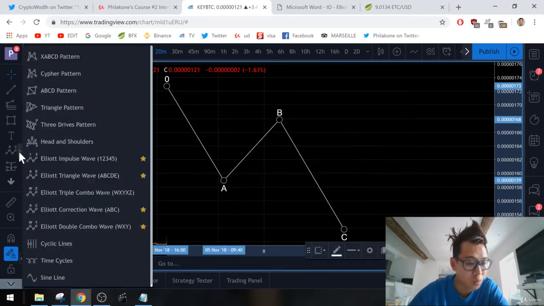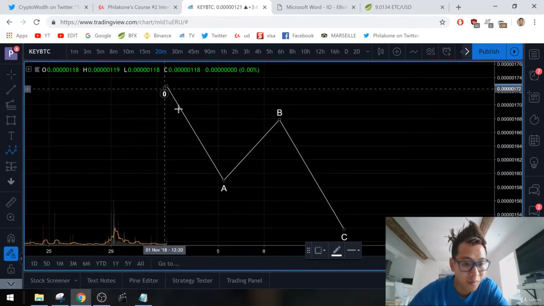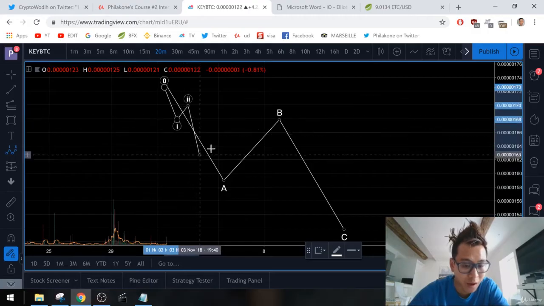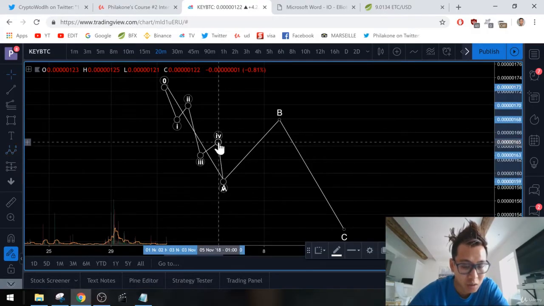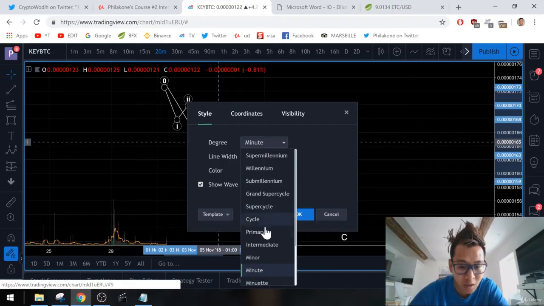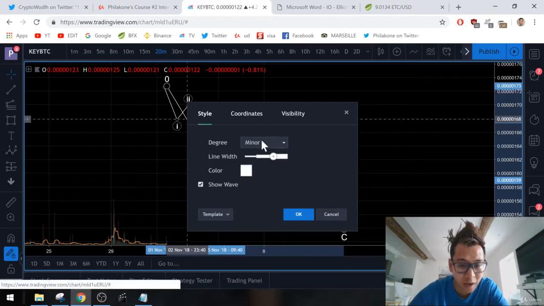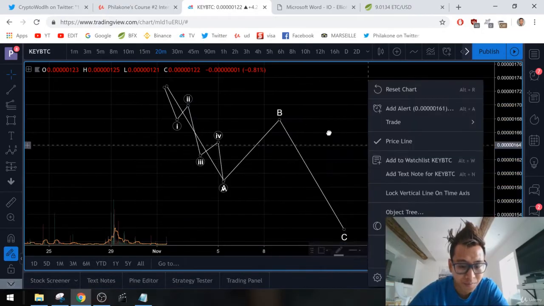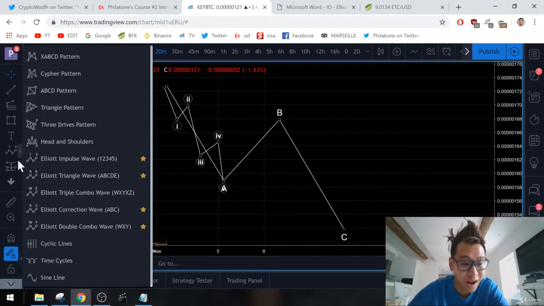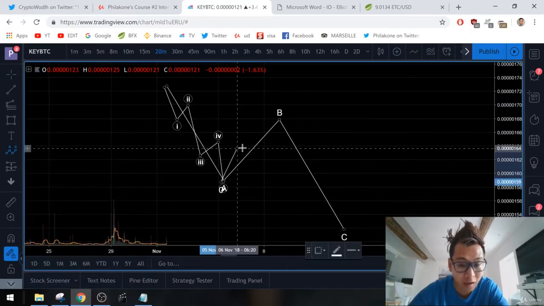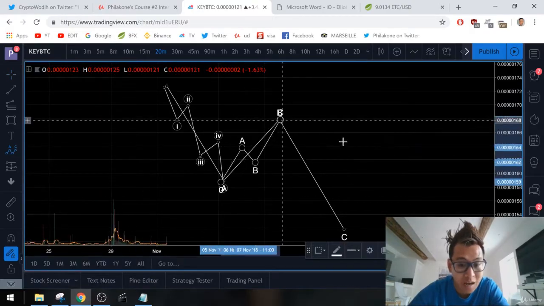And for this one here, we're gonna get 5 waves coming down, okay? 5 waves coming down. I will change this to a smaller degree. This will be a minute, or minuet, yeah, minute actually. I should probably change this one to major if it's not on there, or minor rather. Okay, perfect. And then against the corrective wave for B, okay, there will be A, B, C.